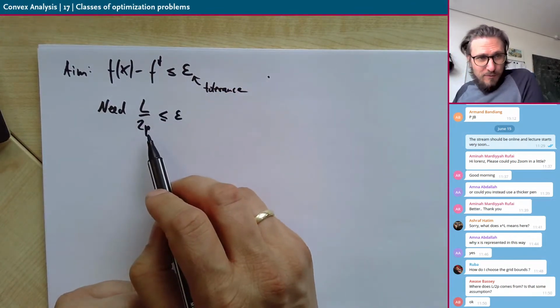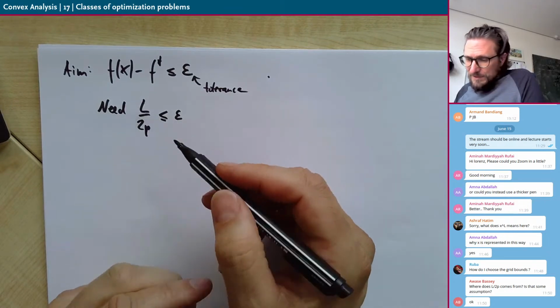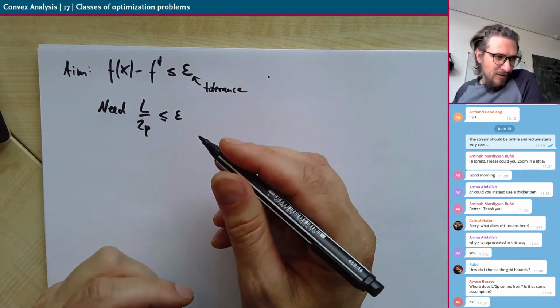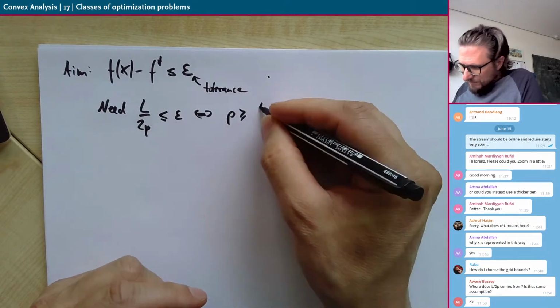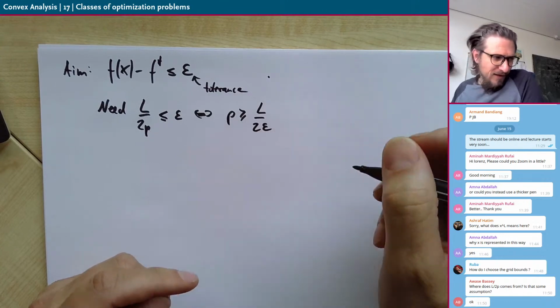This is what we need for our algorithm. And this is the same as saying that p is larger than L over 2 epsilon.